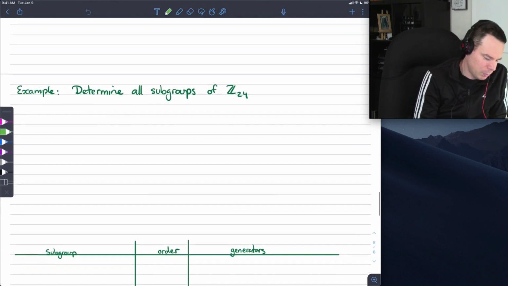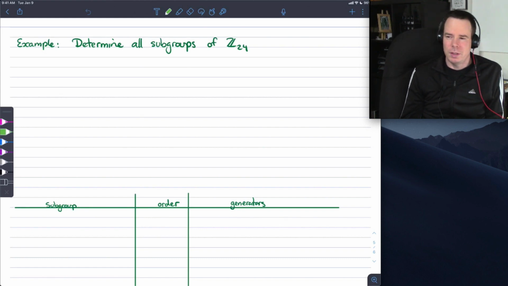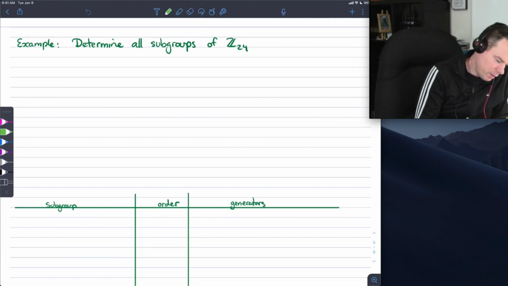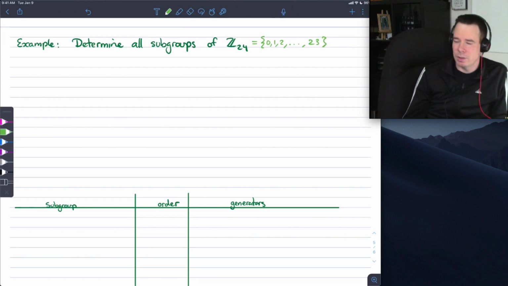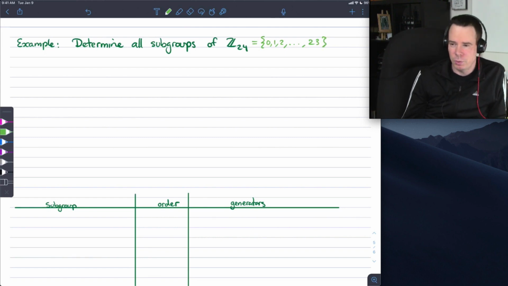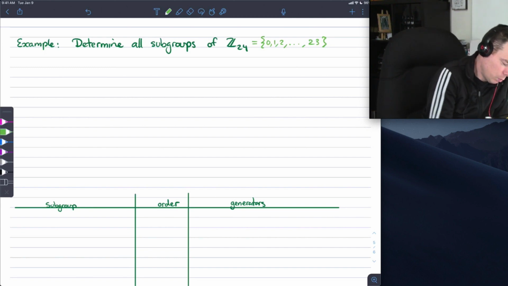So here's our example. Determine all the subgroups of Z24. What is Z24? It's all the numbers 0, 1, 2, all the way up to 23, so 24 numbers. Addition is done mod 24. Maybe the first thing we'll do is look at the generators.